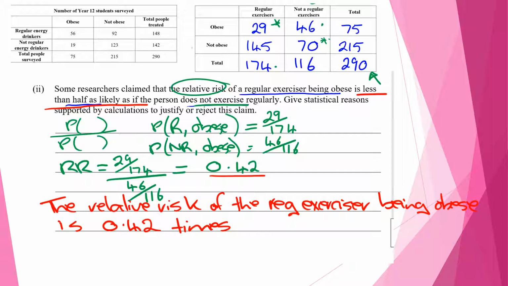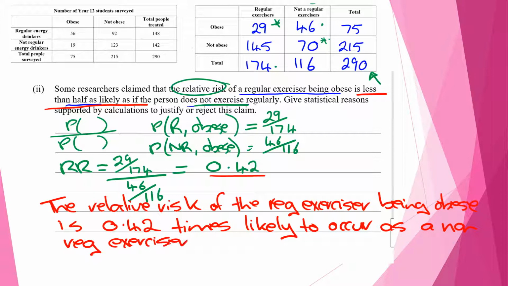I'll just say times more likely or less likely. I should change it to less likely to occur as a non-regular exerciser. So the claim is correct.